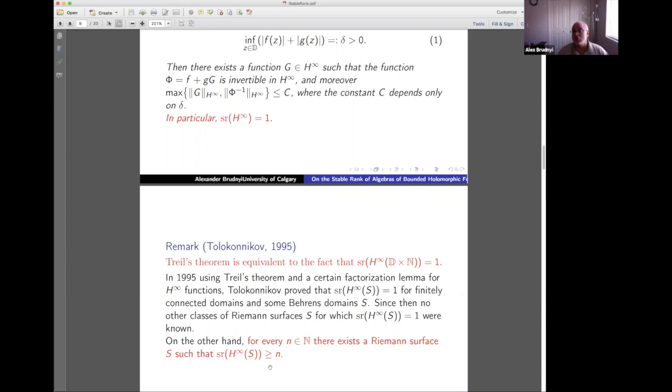This means that we are taking just A on the polydisk, say, or on the ball. Then this result is valid. The stable rank of this algebra is known, so it just follows from the general theory due to Suarez and Courage. Right. But for H infinity, there are only a few results. So the most general one that is possible to obtain now is the one that I presented in this lecture. Right. That was very interesting to me. Thank you. Yeah, you're welcome.